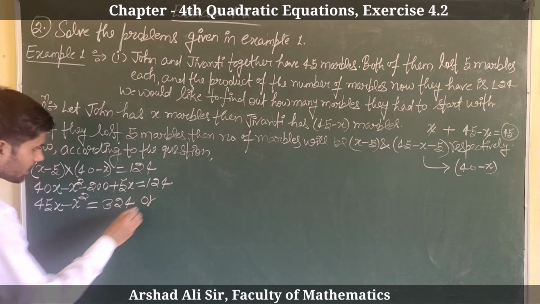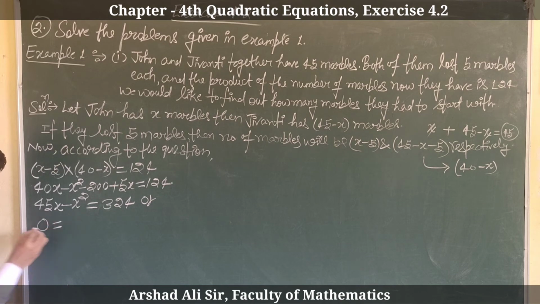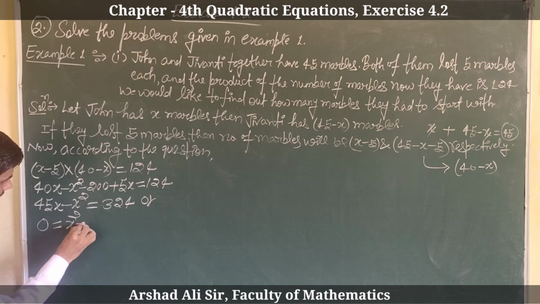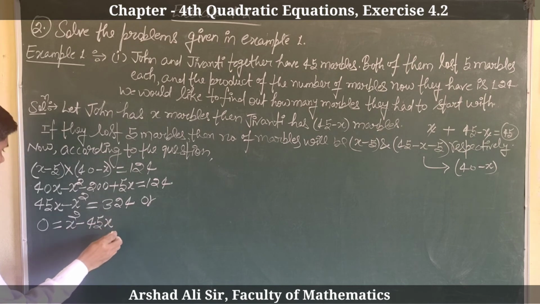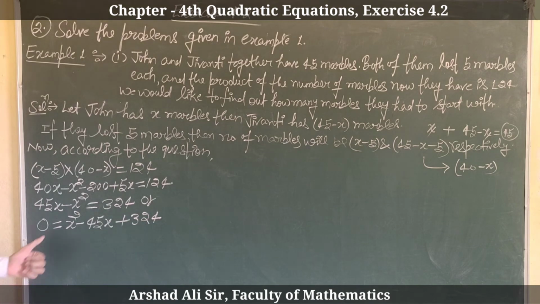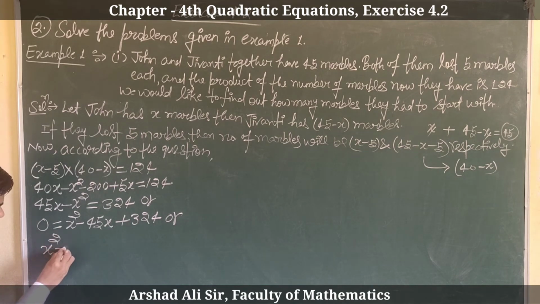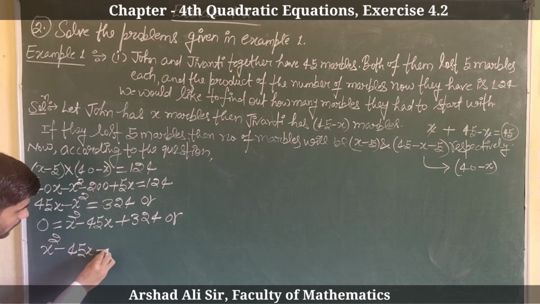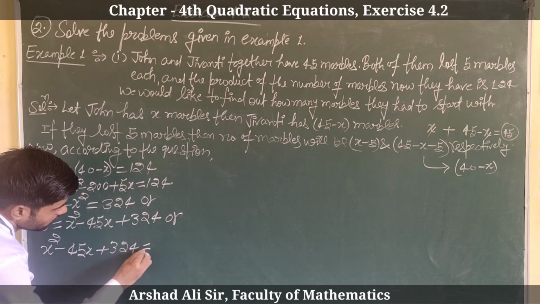Or we can write in this form 0 is equal to x square minus 45x plus 324. Minus x square will be plus x square on the right side, and 45x will be negative on the right side because 45x is positive and x square is negative on the left side. Or we can write in this form also x square minus 45x plus 324 is equal to 0.